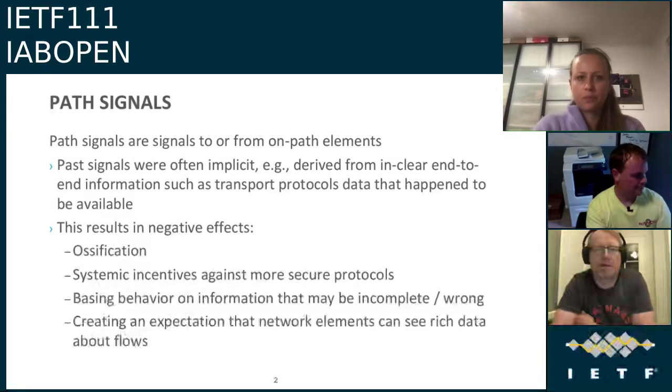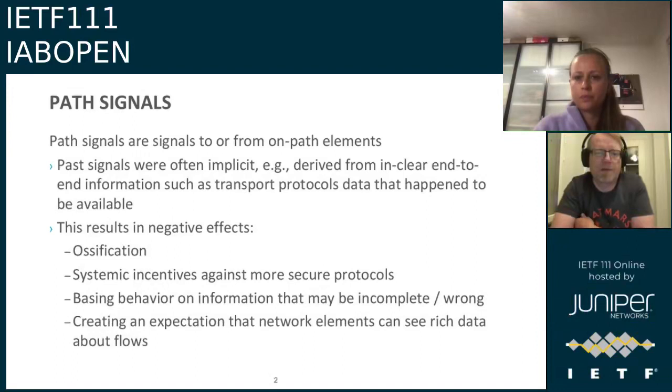And as has been discussed many times before, this results in some negative effects: ossification, because you can't change things that people somewhere depend on. It's also a systemic incentive against building more secure protocols, because that would disable some of these functions that people are doing, which, you know, we can go against, but it'd be nicer if we didn't have that incentive built into the system today.